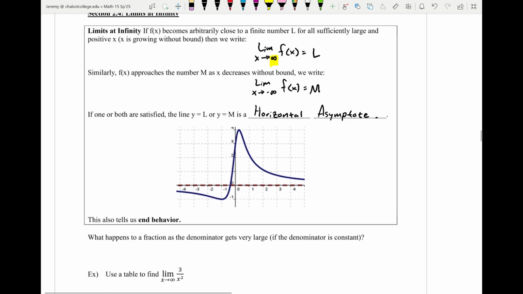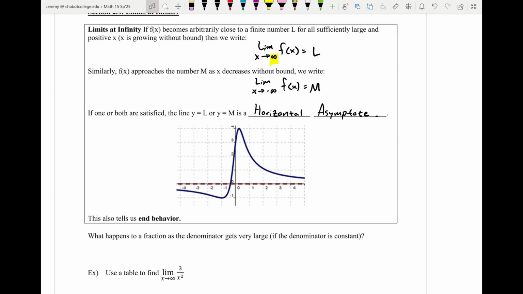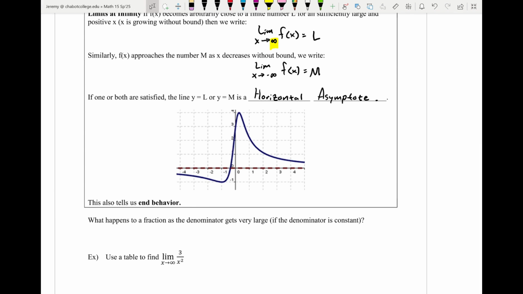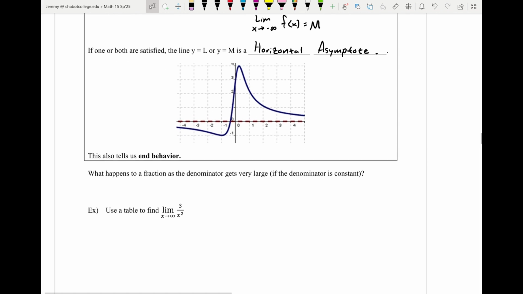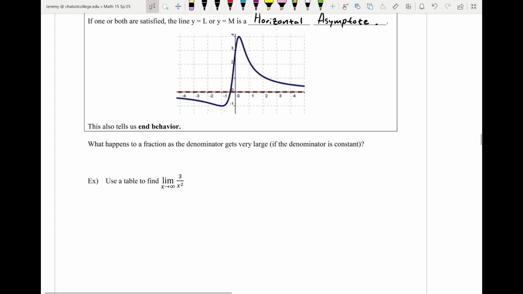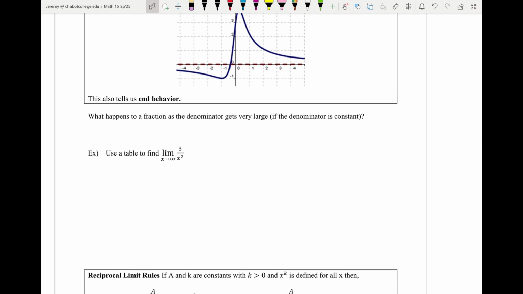Okay. Another name for the behavior of a function as x gets really large or x gets really small is end behavior. So you might hear me say that in reference to infinite limits. Okay, so an important conceptual question here.